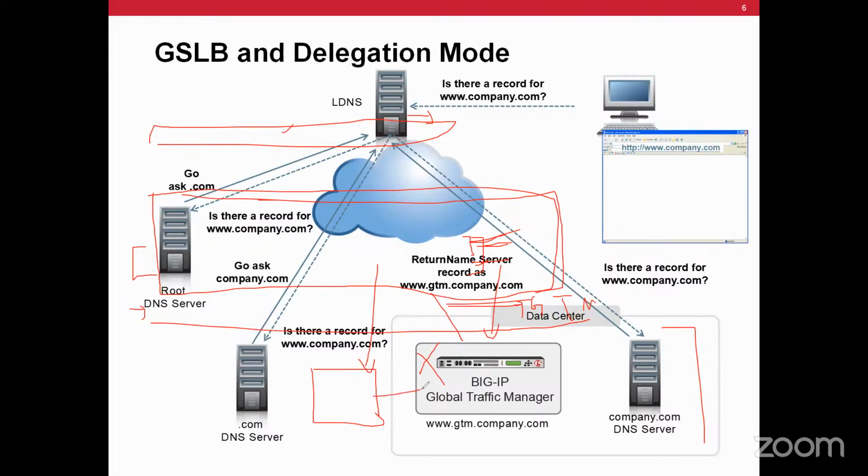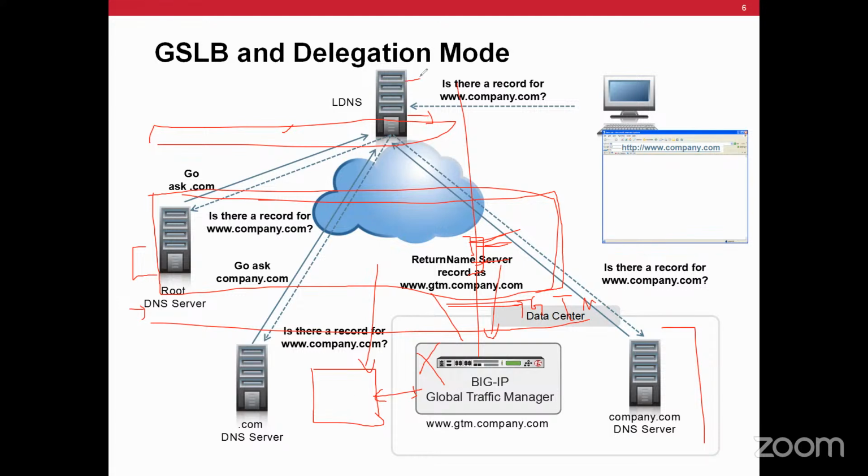Since these GTM are in sync, we have implemented this in HA. The configuration is in sync, the health checks are in sync. So whether the request goes to this or this, they both will respond, and LDNS will get both responses.